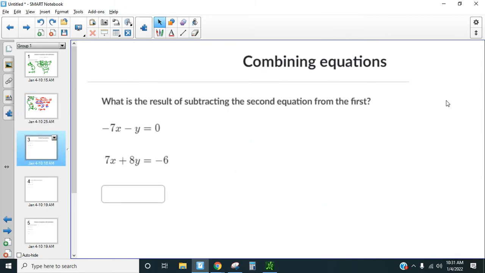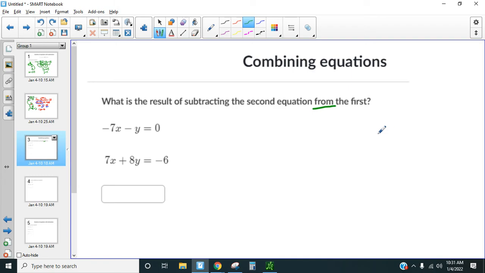Combining equations. It says, what is the result of subtracting the second equation from the first equation? Notice the way it's said. What's the result of subtracting the second from the first?